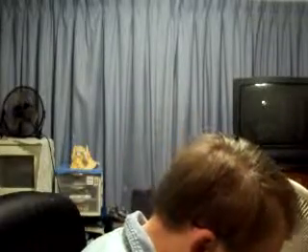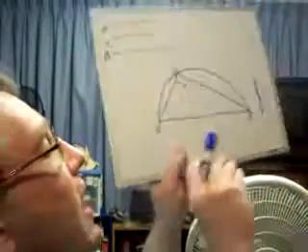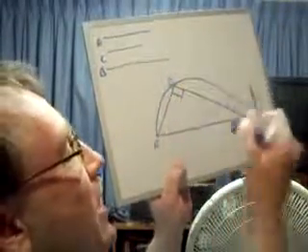It is then manifest that the angle ADB is right, and this is by Euclid Book 3, proposition number 31. Now I'm going to draw this right here for you so you can see it for yourself. Now we can say that angle ADB is right.